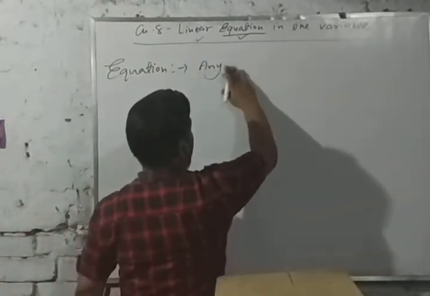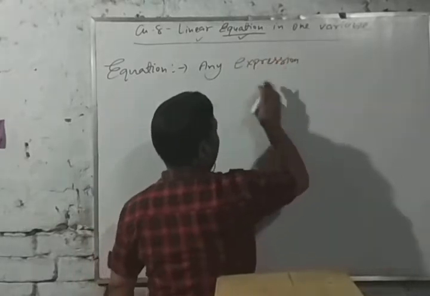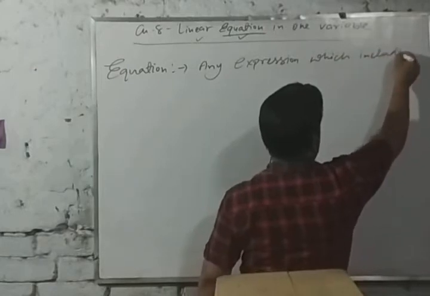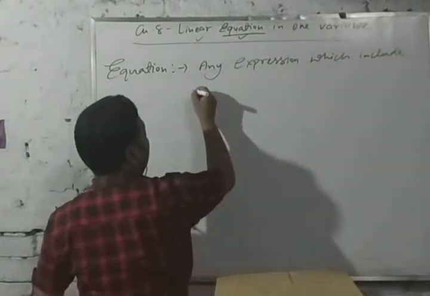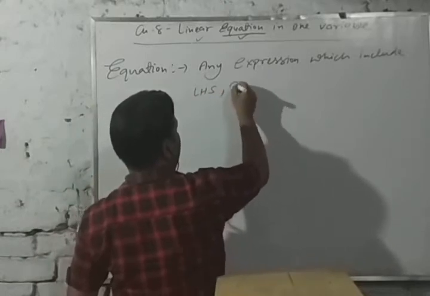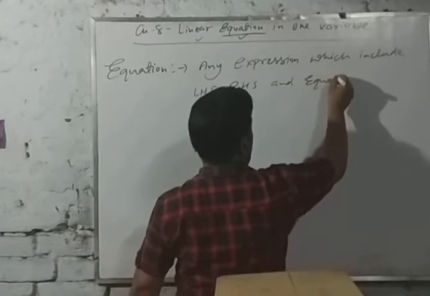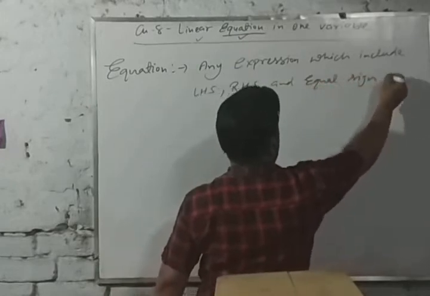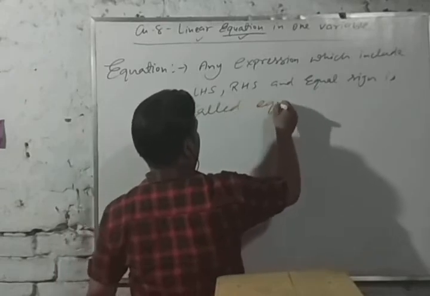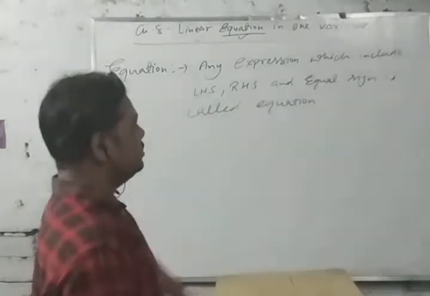Any expression which includes a left hand side, a right hand side and an equal sign is called an equation. Okay, this is called an equation.